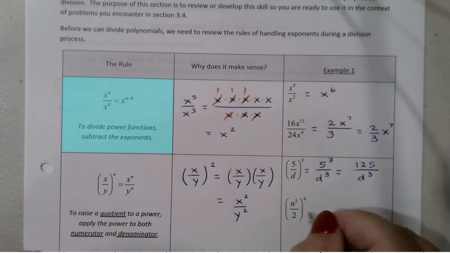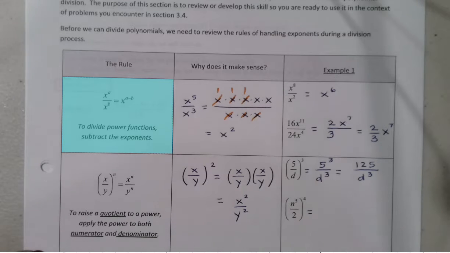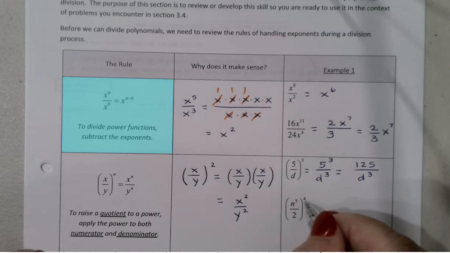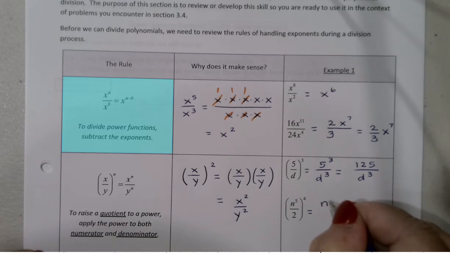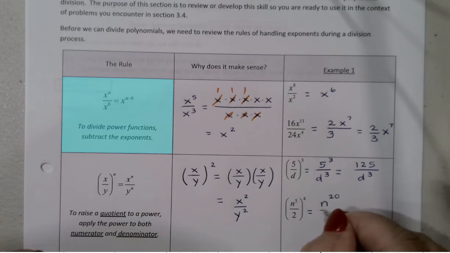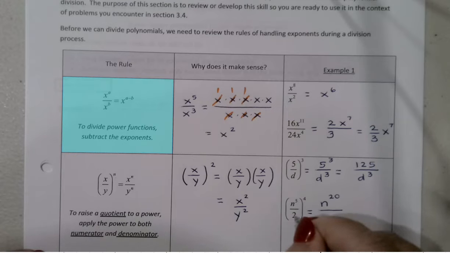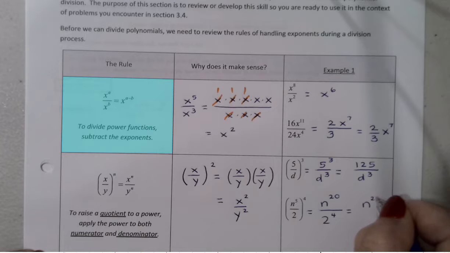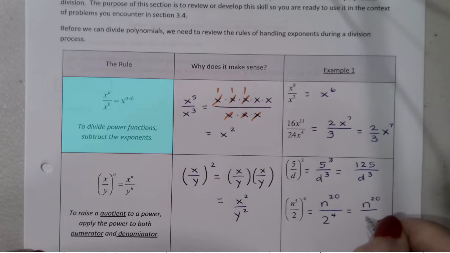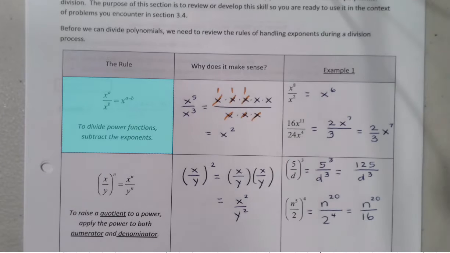How about this next one? Fraction raised to the 4th power means I raise the numerator to the 4th power. And here's one of the rules we saw before, right? Raising a power to a power, you multiply the exponents. So n to the 20th divided by 2 to the 4th would be n to the 20th divided by 16.